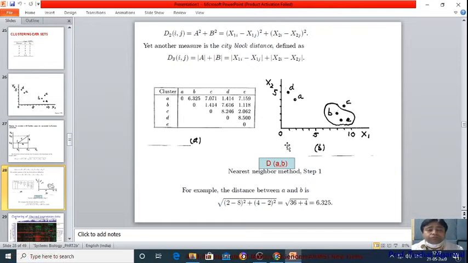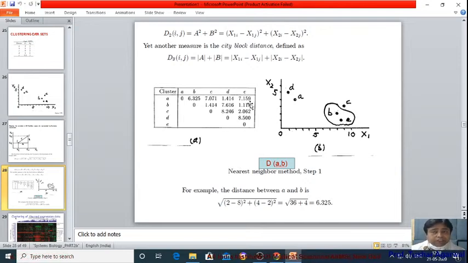Now we use the same distance formula, calculating the distances between all of them. What is the distance between A and D? What is the distance between D and B? What is the distance between A and C, C and E, all the possible combinations? And that is represented in this table where you do the distance formula calculations.